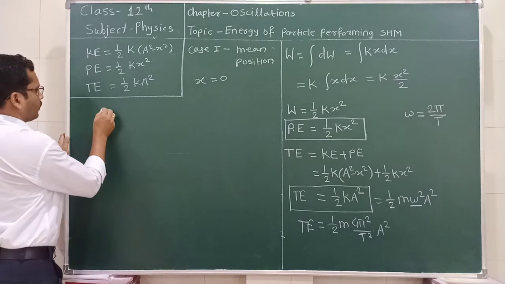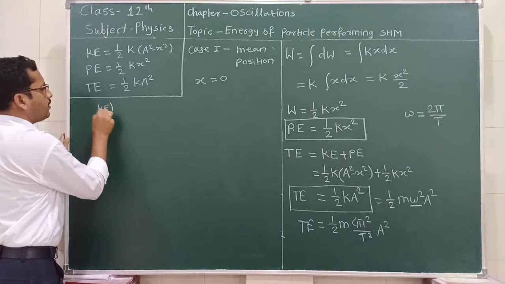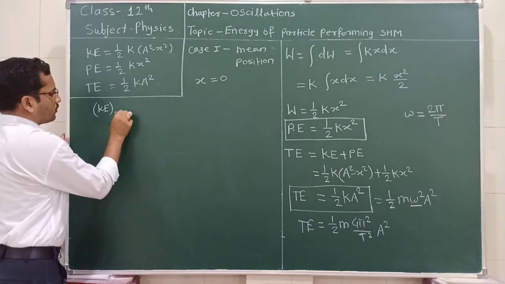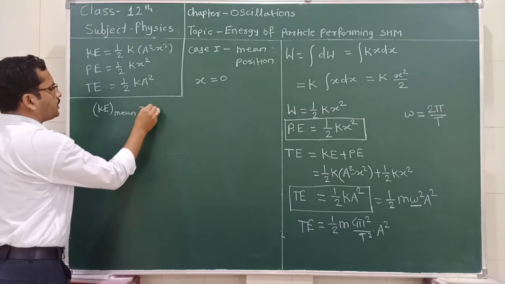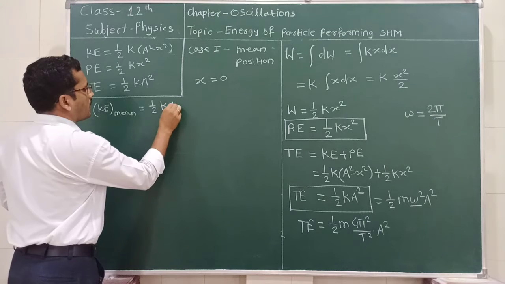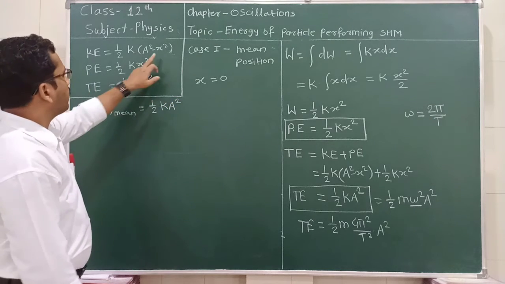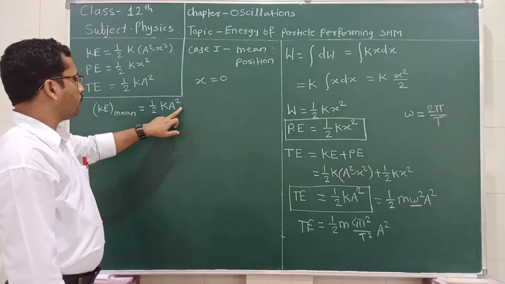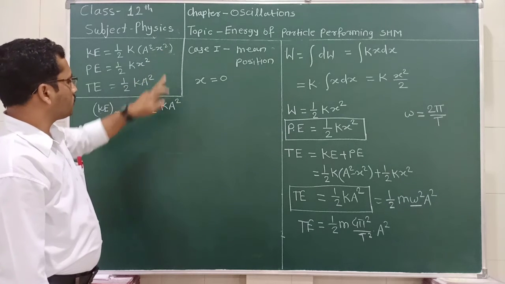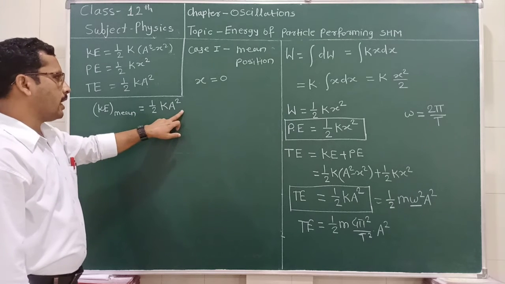Then what is the kinetic energy at the mean position? It is equal to 1/2 k a². Because x is equal to 0, we omit the x² term. So kinetic energy at the mean position is 1/2 k a².